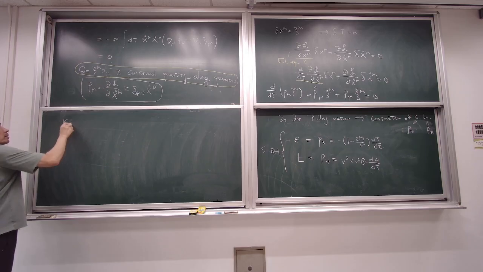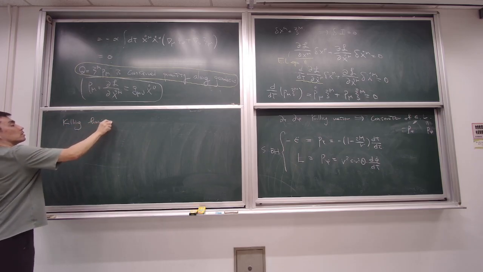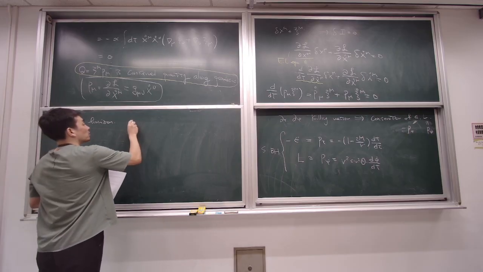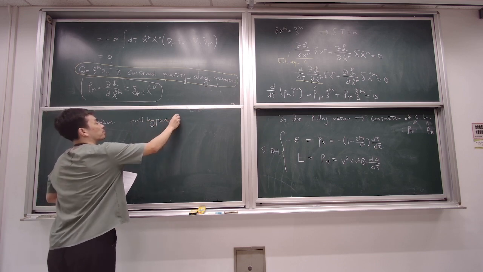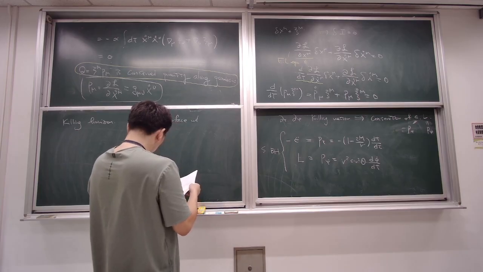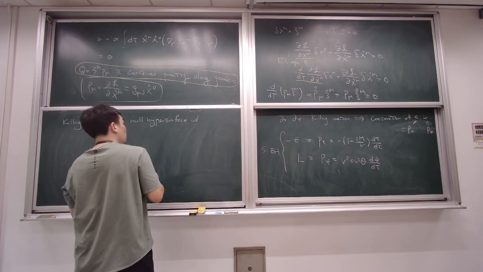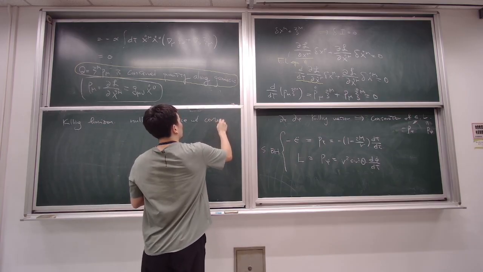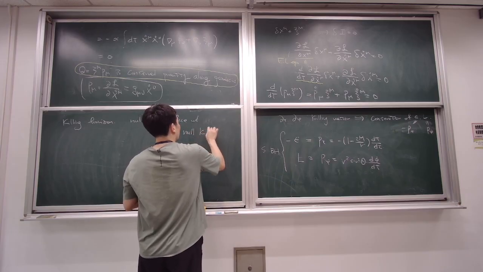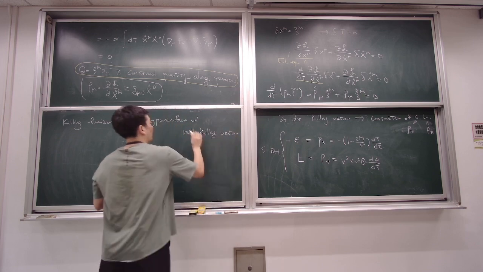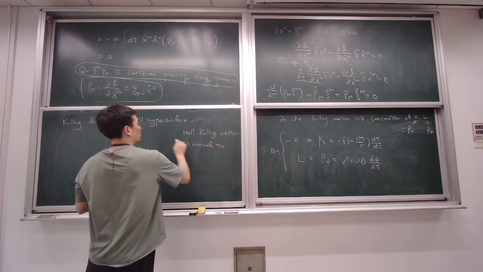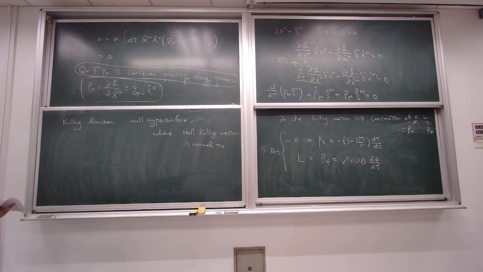Another thing is the Killing horizon, which is a null hypersurface with a certain property, where the Killing vector is normal to it. Okay, so that's the definition.